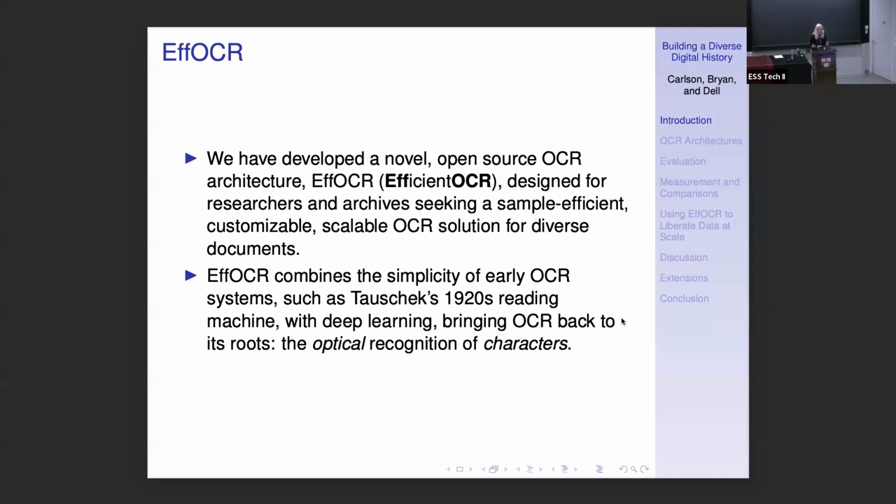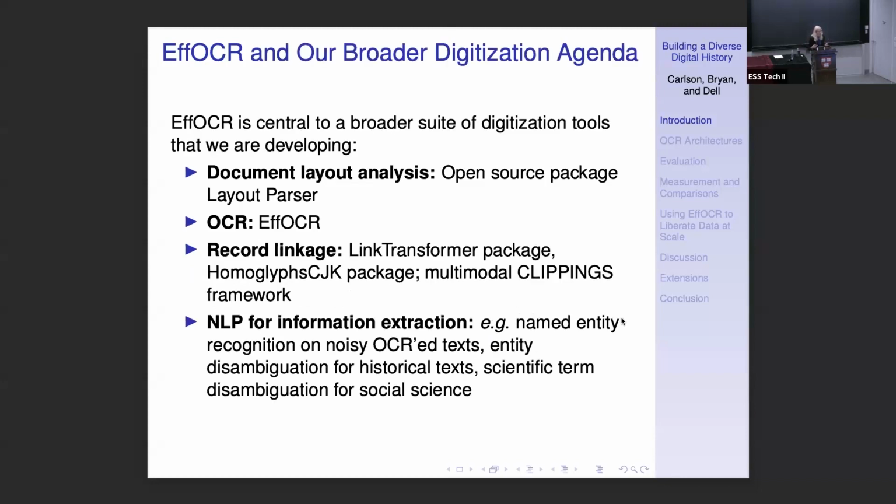FOCR tries to come full circle, going back to the simplicity of the first OCR systems in the 1920s, but combining that with deep learning. What FOCR does is bring OCR back to its original roots, which is the optical recognition of characters.